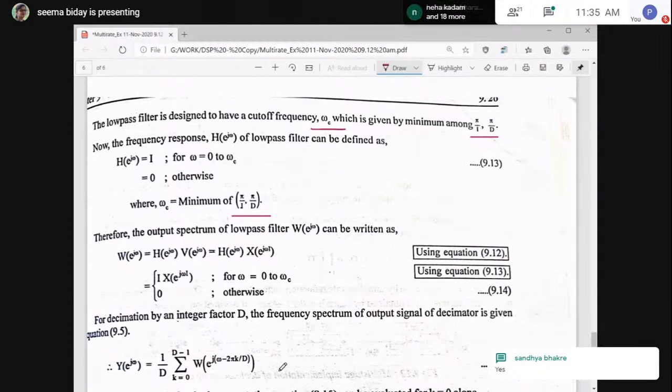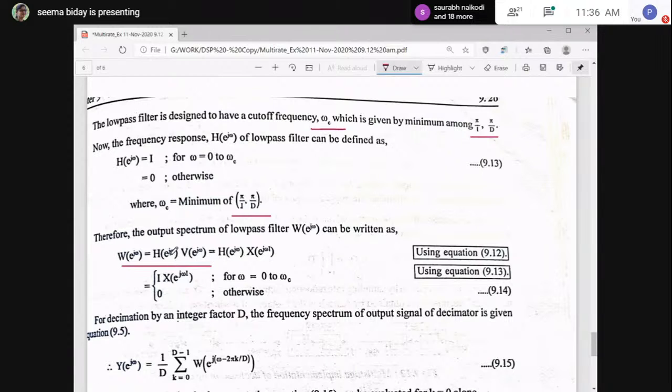So now, see again, this can be an MCQ question. You will be given the bandwidth of this and this. How to select the bandwidth of the I by D, which is the low pass filter? Now, see here, the spectrum W(e^jω) is H(e^jω) into V(e^jω).